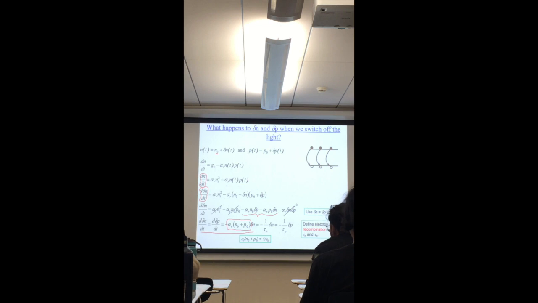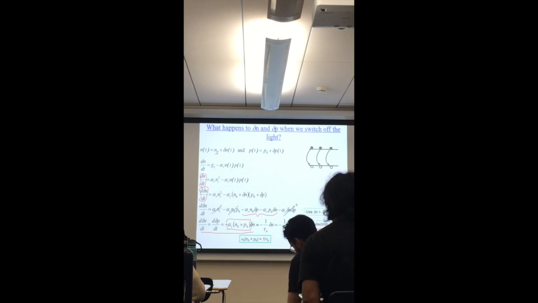Do you have any questions? So this tau is the recombination lifetime, tau n and tau p for electron and hole.